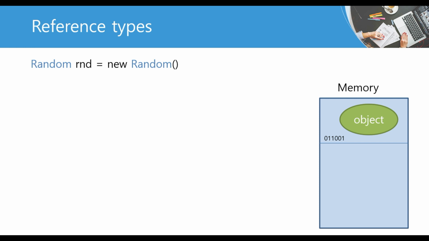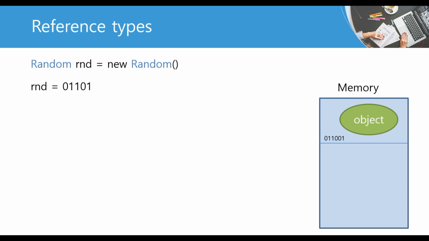Important to note here is that the value of rnd itself is 011001, the exact value of the memory address where the Random object resides. So once again, the value of rnd will be the reference to the location in memory where this Random object resides.